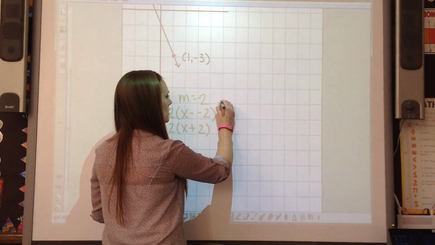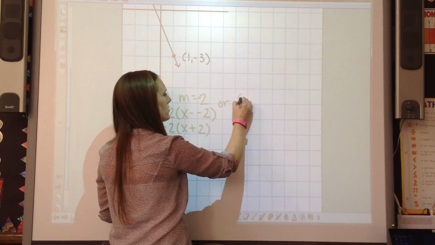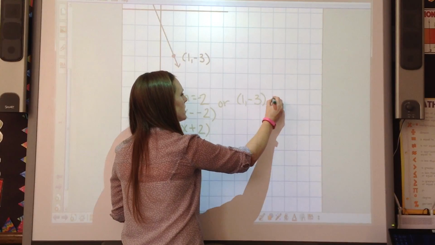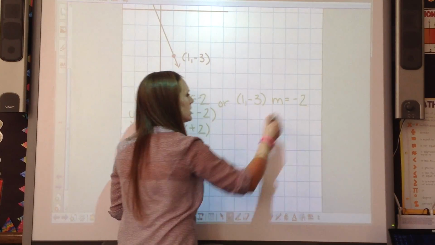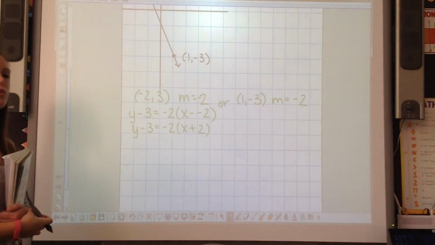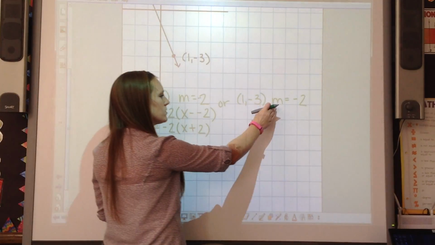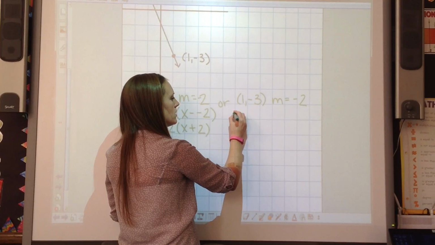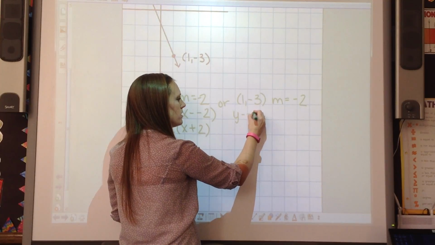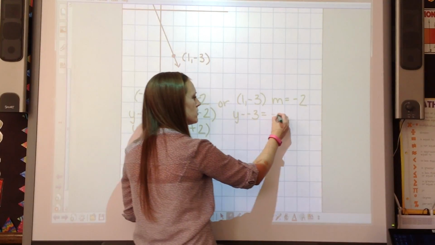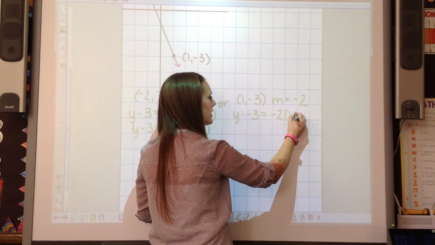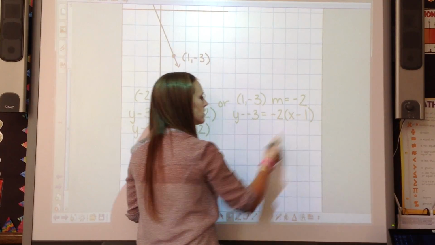Or, let's say you chose the other ordered pair. Now once you get that answer, you're done. But if you like to work with smaller numbers, you can choose the other ordered pair. You will also get the correct answer with this. y minus y1 equals slope times the quantity x minus x1.